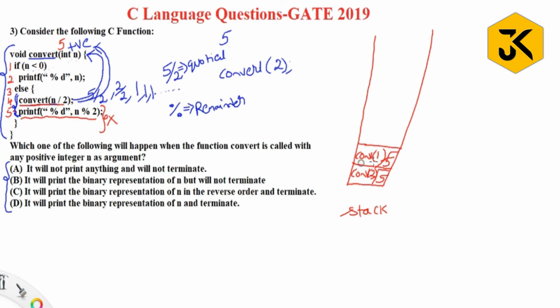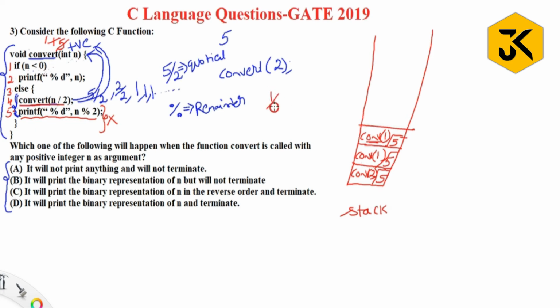Now the convert function will be called once again with 1. 1 less than 0, condition fails, else. Convert of 1 by 2. Convert of 1 by 2 is convert of 1 only. When that statement is executed, only then will the fifth line be executed. Now once again convert of 1 will be called. 1 less than 0, condition fails. Once again convert of 1 by 2.